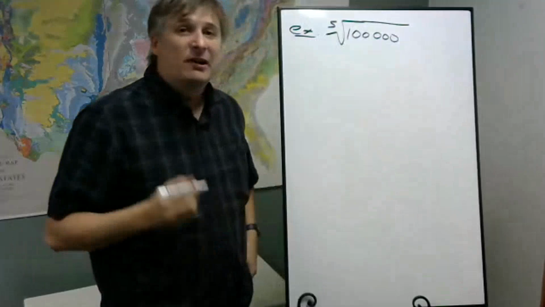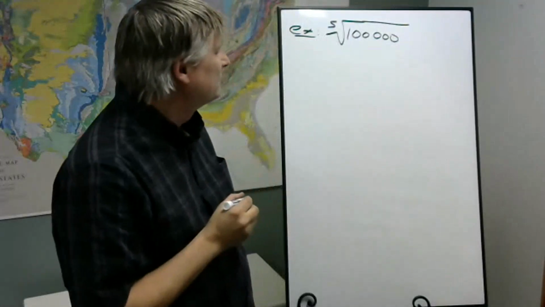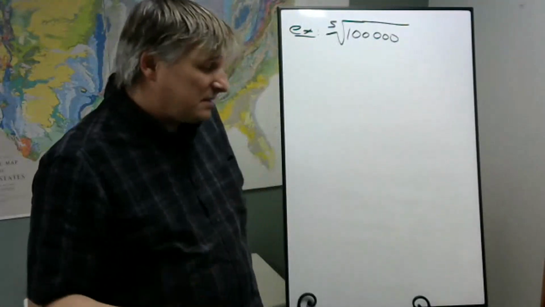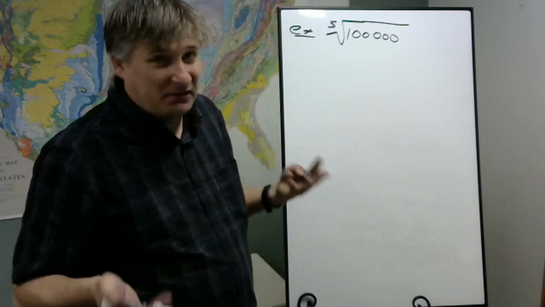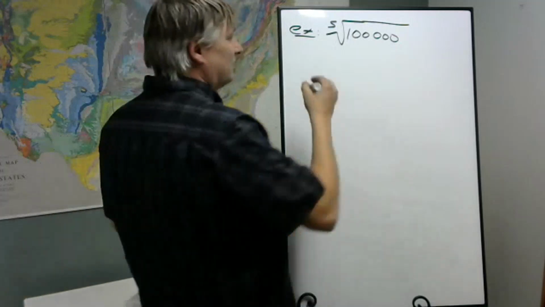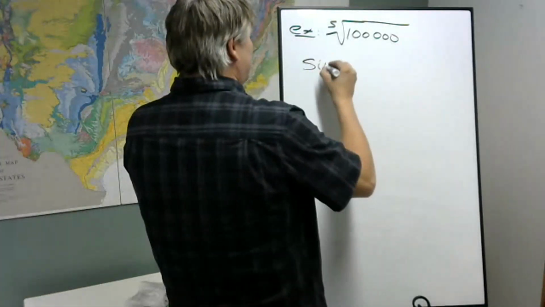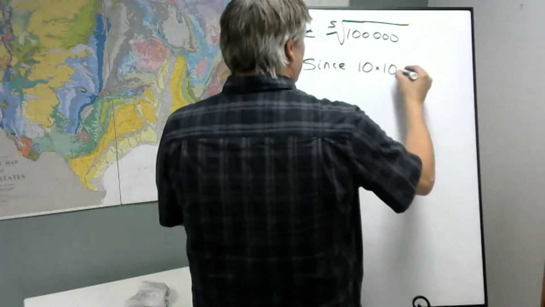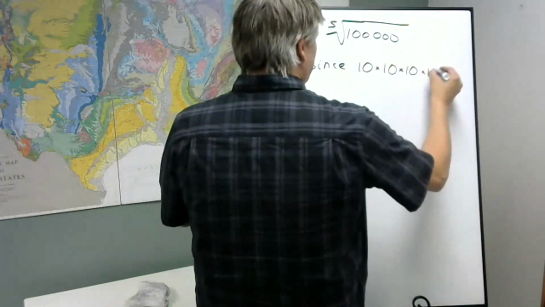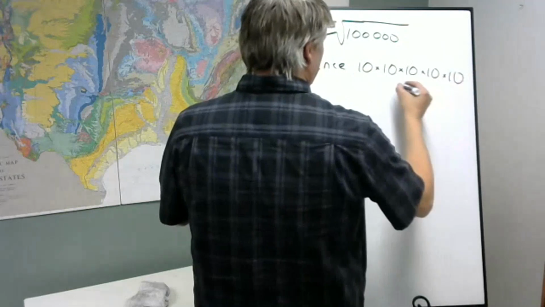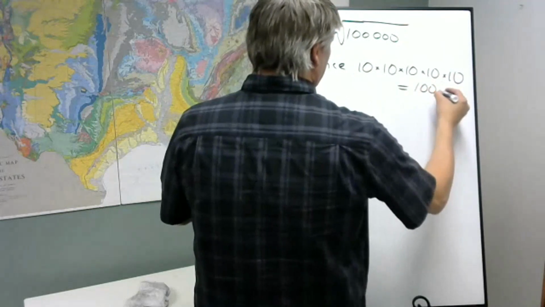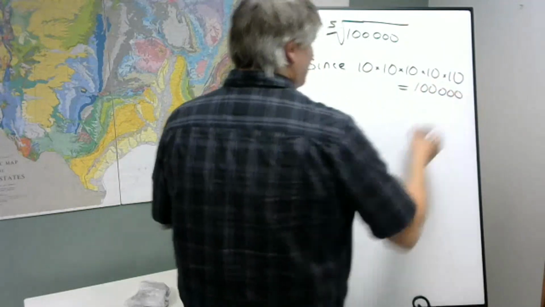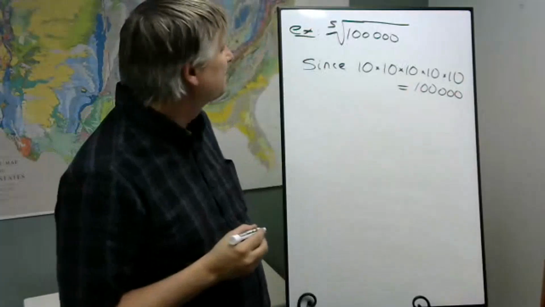The fifth root of 100,000. Now, admittedly, you'll have to play around with some calculator stuff here, but it turns out that if you take 5 tens and multiply them together, you'll get 100,000.